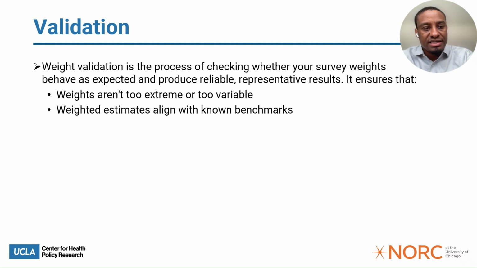We can also check that the weighted estimates from the sample for some key variables, like demographic variables or some other key variables of interest, track benchmarks known from external sources, like the census or some other trusted sources, maybe from a previous similar survey that was conducted recently.